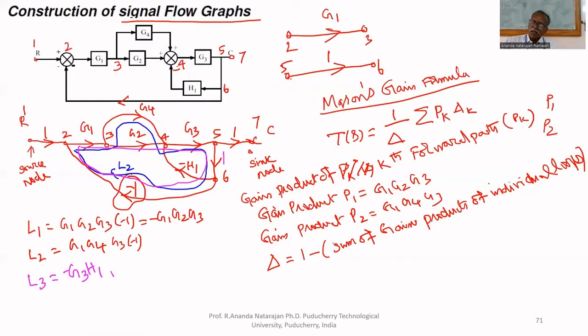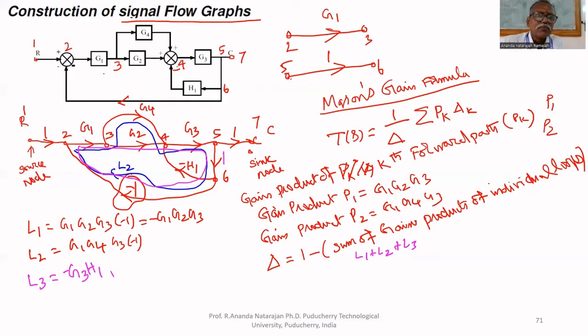L1, L2, L3. Delta equals 1 minus the sum of gain products of individual loops, that is nothing but L1 plus L2 plus L3. L1 is the gain product of an individual loop, L2 is the gain product of another individual loop, and L3 is the gain product of another individual loop.